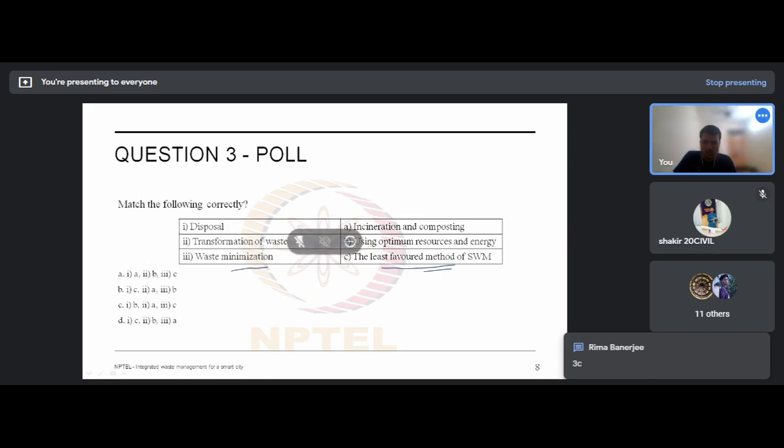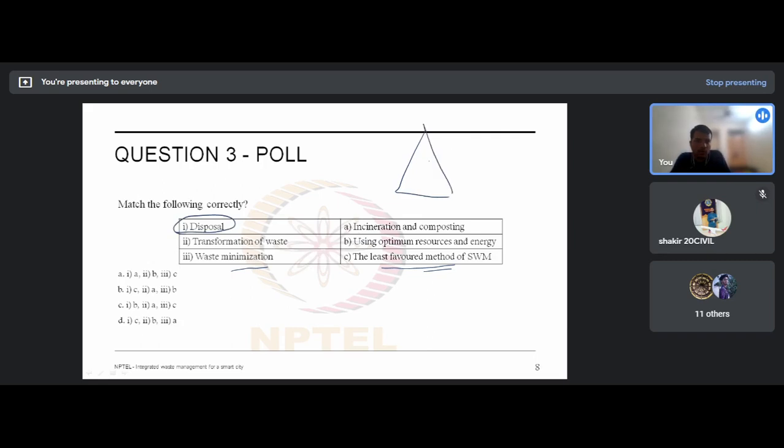So we'll see the solution now. Firstly, we have disposal. We'll take it one by one, and let's not get confused. I don't know how many of you remember, but sir showed us a pyramid.